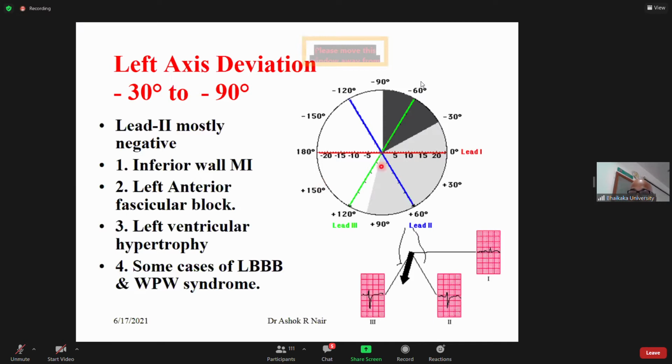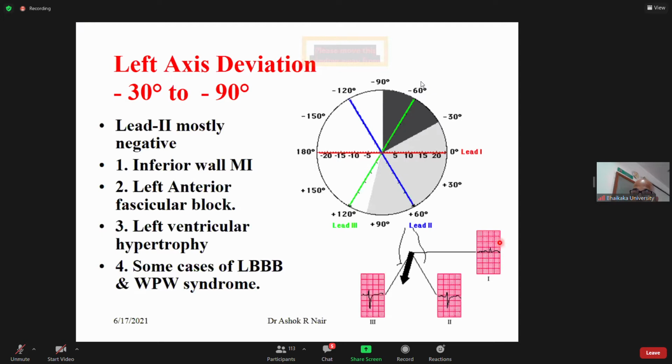It can be normal axis. But if in lead 2 it is negative, in this half. So mostly if lead 2 is negative, then you have a left axis deviation.